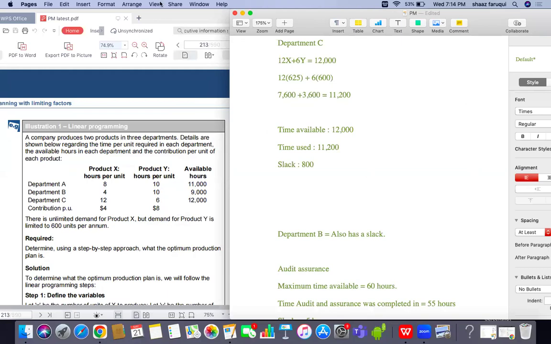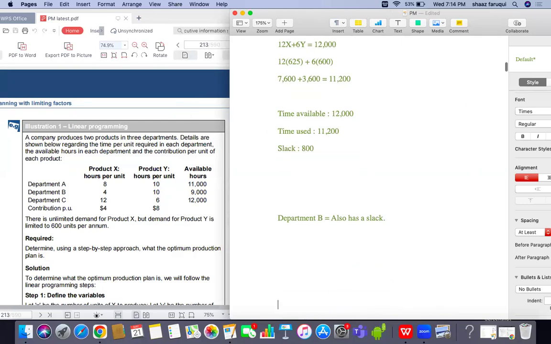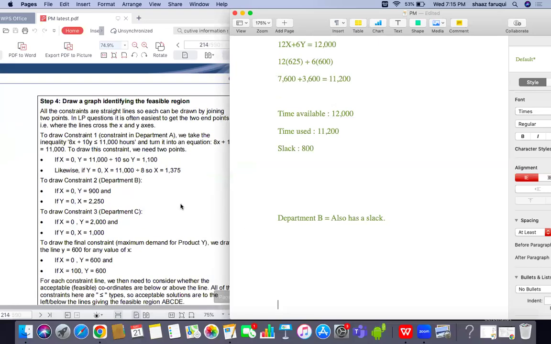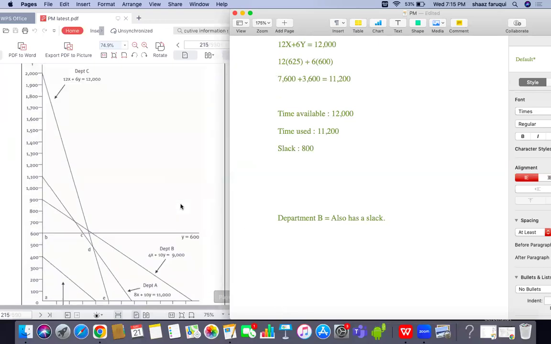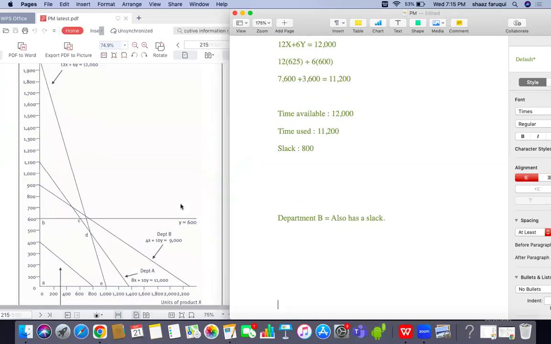There will be a slack for department B. This is a challenge. How much is the slack? How did I know there is a slack? Can anybody guess? Who can tell me this?